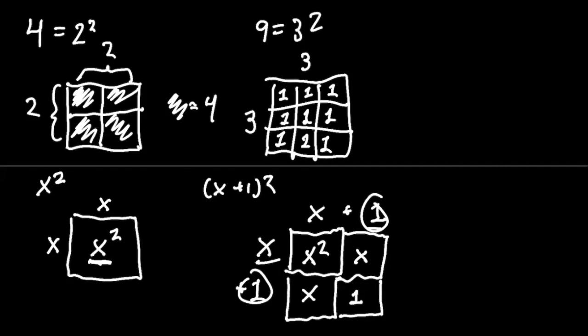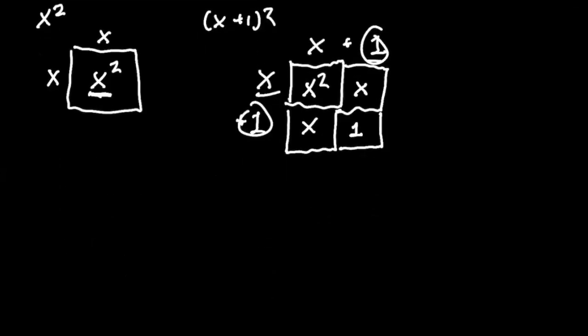So this is connected with our area model. So we're starting with the factors, and then we multiply using our area model. So we can rewrite perfect squares using this area model. I want to do one more example. Let's say we have x plus 3 squared. x plus 3 squared can be rewritten as x plus 3, x plus 3.